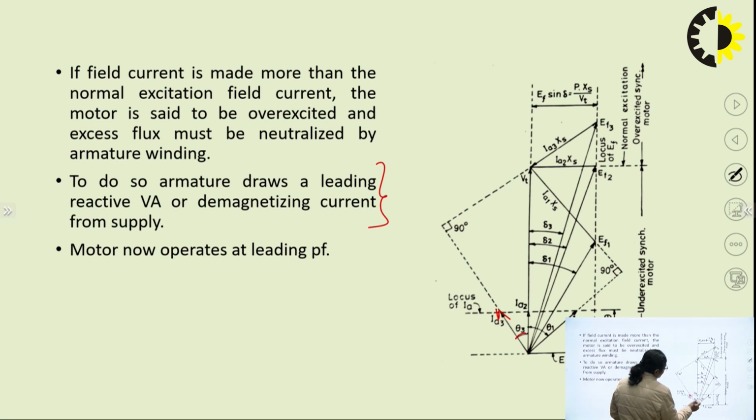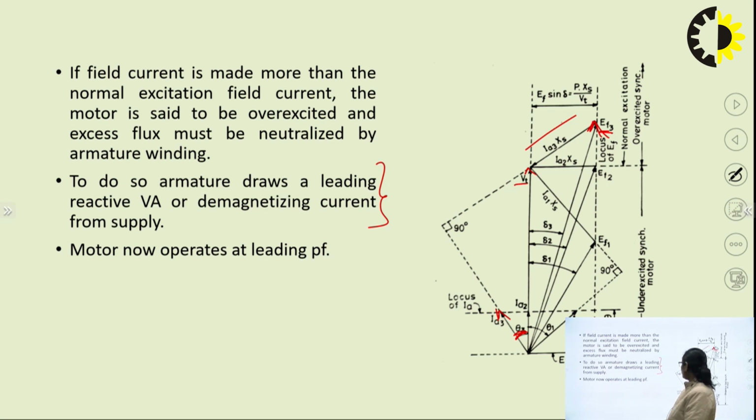The angle of current Ia3 with respect to voltage Vt is theta 3. Say for example, with increased excitation, the new induced EMF is EF3 and the phasor sum of EF3 and Ia3 Xs gives you the constant terminal voltage Vt. Under these conditions, the motor is operating with an increased armature current and at leading power factor.